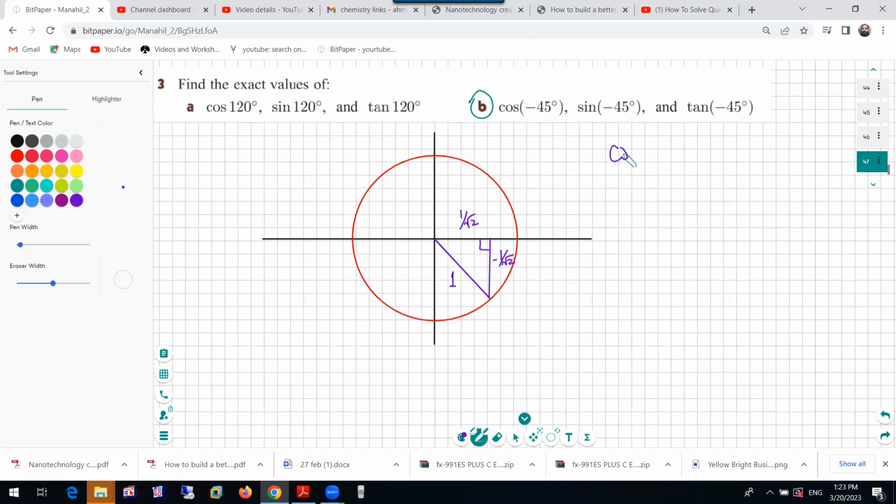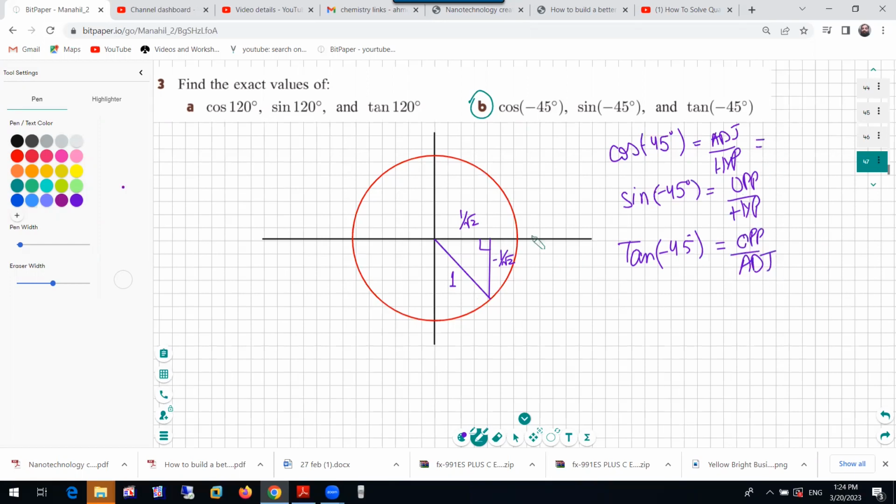Like in the first, cos negative 45 degree, it's adjacent over hypotenuse, right? Yeah. Sorry, sine negative 45. Opposite over hypotenuse. And the last one is tan negative 45 degree, right? Yeah. Opposite over adjacent.